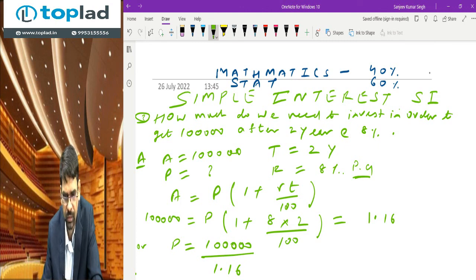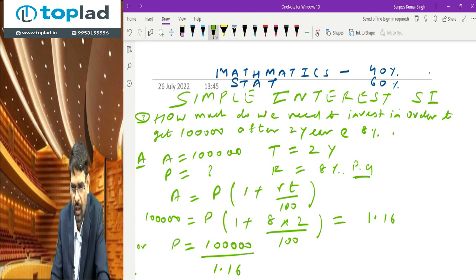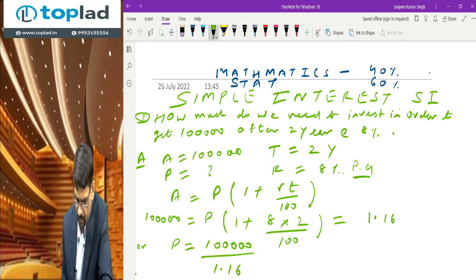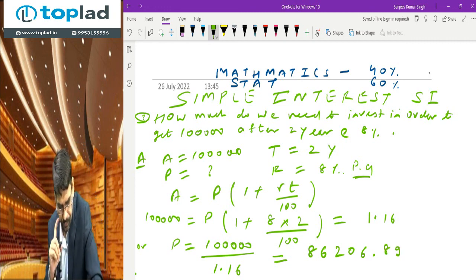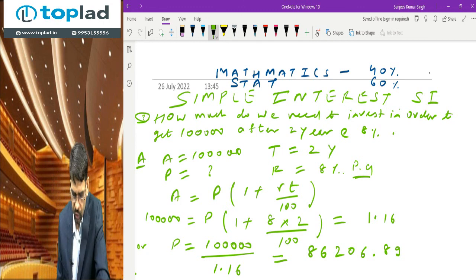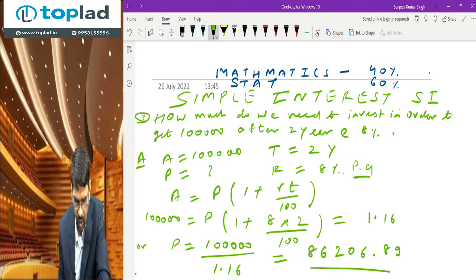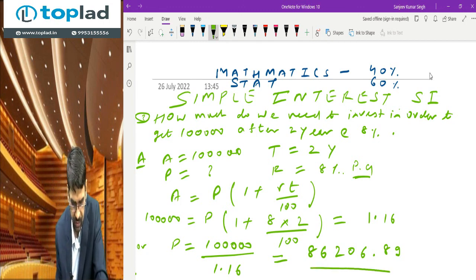How much? So you will get 86,206.89. So this is your answer at the examination.